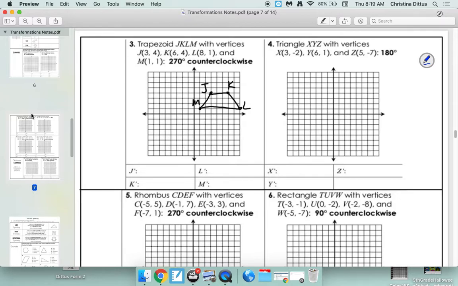All right, if I'm going 270 counterclockwise, am I going to end up to the left of it, across from it, or the bottom? The bottom, so we want to end up down here. And our rule for 270: (x, y) becomes (y, negative x).